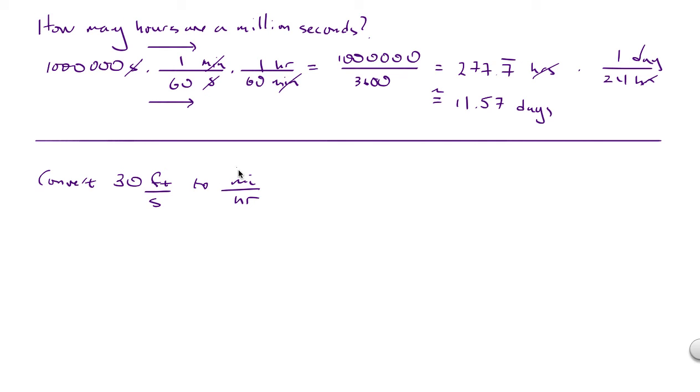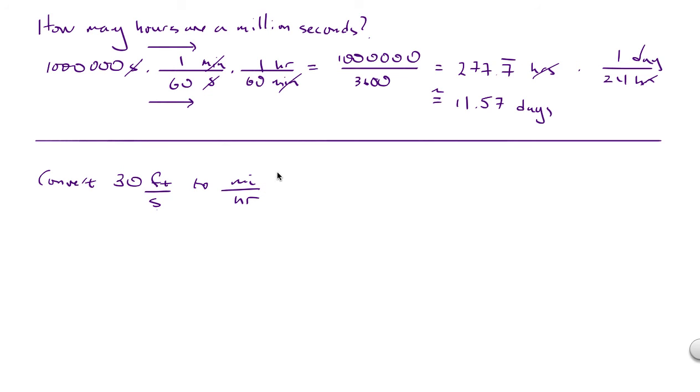So in that sense, the number should get smaller, right? Meanwhile, we're going from seconds to hours on the bottom. We're going from a smaller measure to a bigger measure, so the number should get smaller. But we're dividing by a smaller number, so that means the whole number should get bigger.